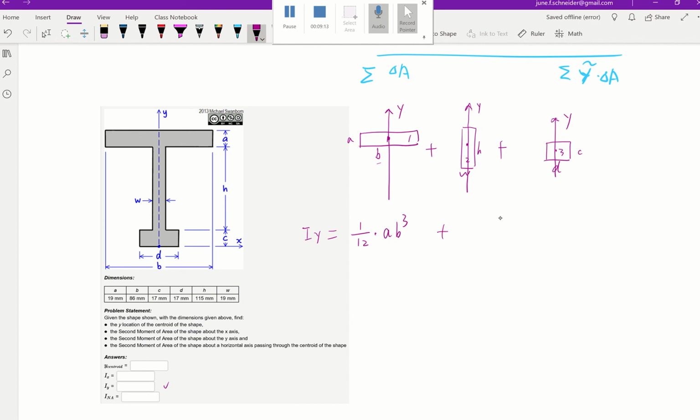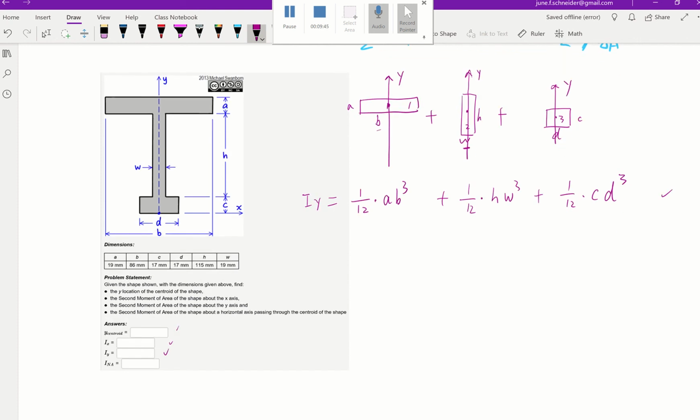The second one will be again 1/12, but this time it's going to be W cubed because it's distributed away from the y-axis, so it's the W dimension. And for the area 3, it's going to be 1/12 CD cubed. Alright, so that's easy. We don't need to use the parallel axis theorem because all the y-axes happen to be at their centroid y-axis. So that's taken care of.